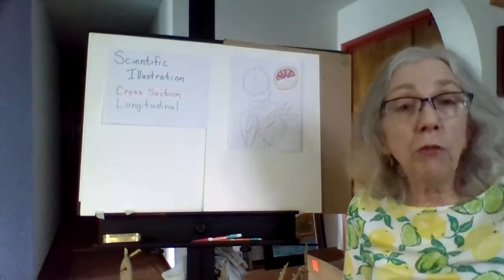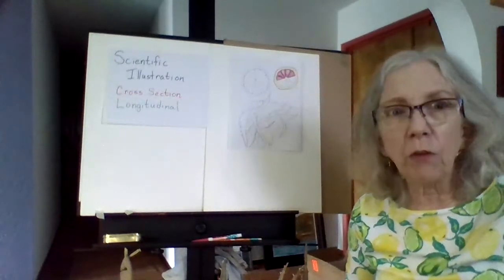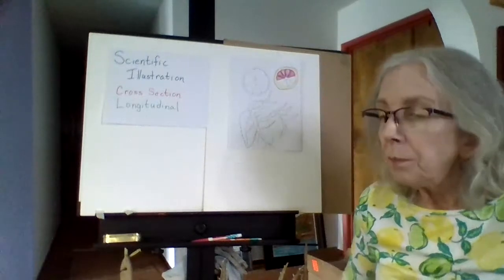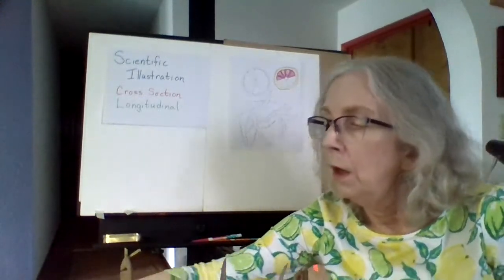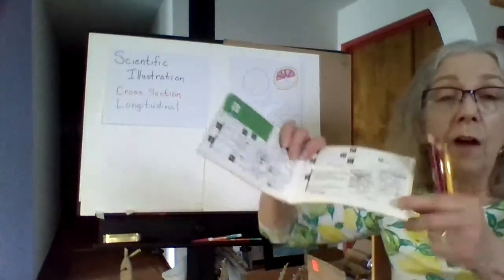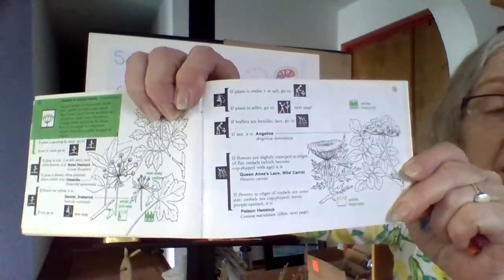So I encourage you to go out and find something that you're interested in. Acorns are wonderful. You can identify trees by their acorns. You could be inspired by plants that you find in your yard to take a look at them more carefully.